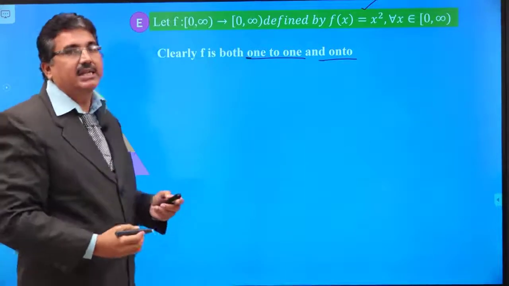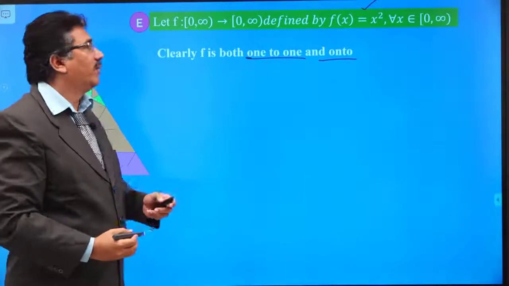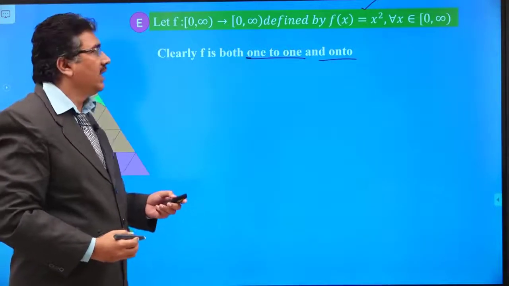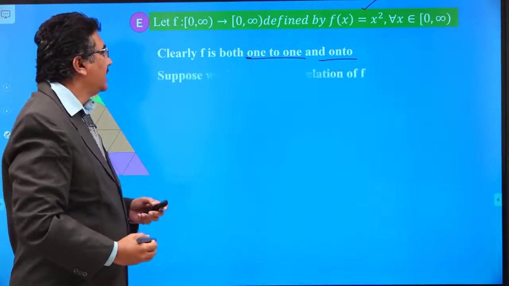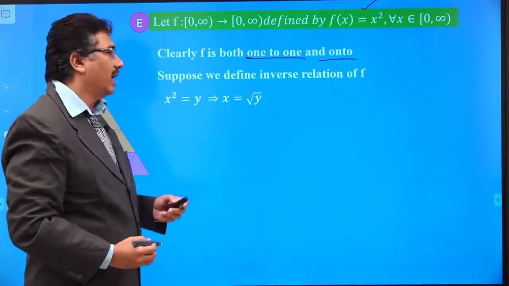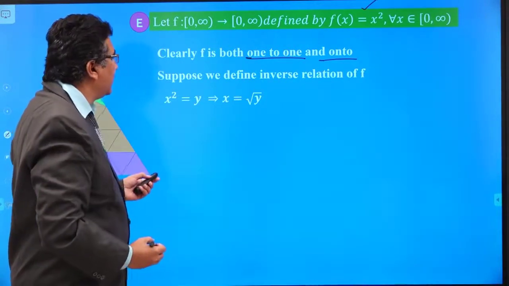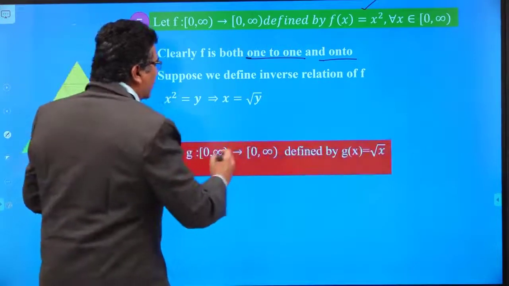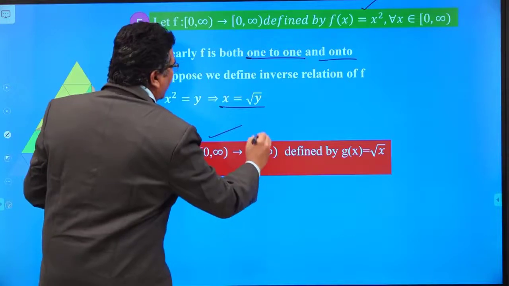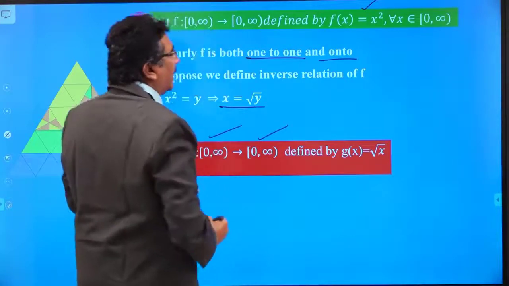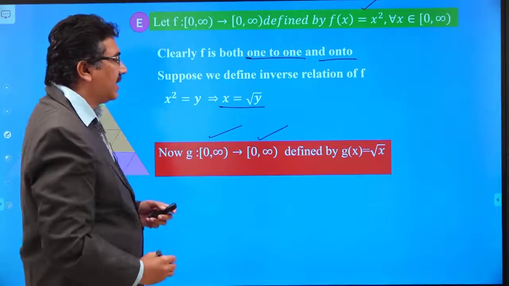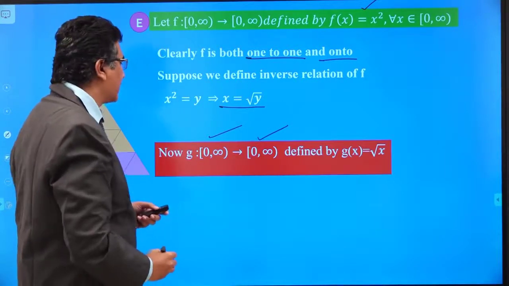In this case also, we define the inverse relation of f, that is x squared is equal to y, so x is equal to root y. Let g mapping from [0, infinity) to [0, infinity) be defined by g of x is equal to root x.